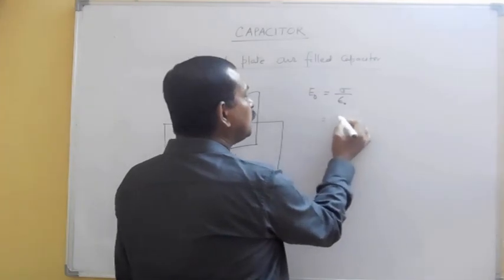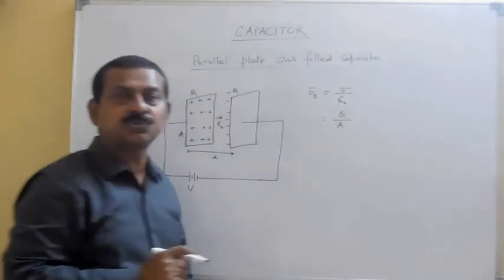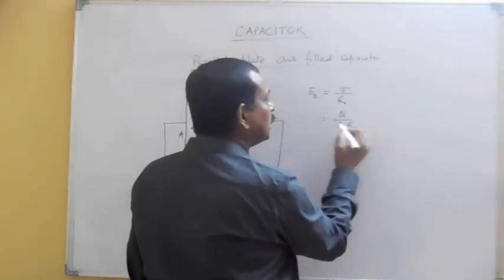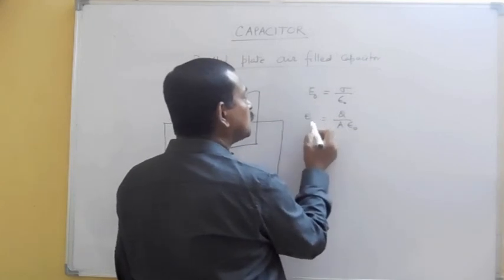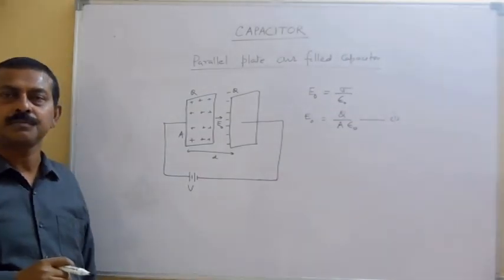This can also be written as Q by A, because it is the surface charge density, charge per unit surface area, divided by epsilon naught. This is the expression for E0. Let's call this equation number 1.